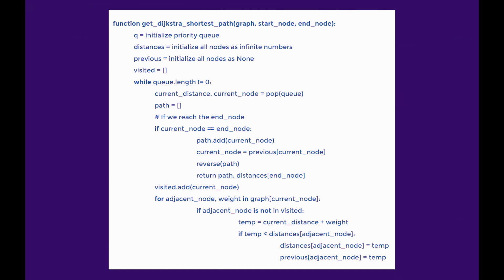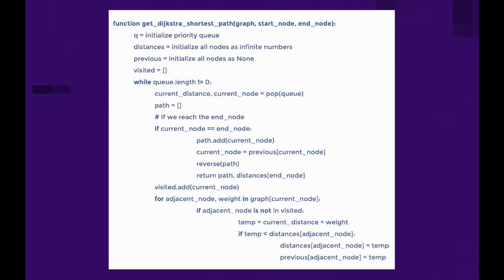If it is, then we're gonna add this current node to our path, and then we're gonna change the current node to the previous current node. And after that, we're going to reverse the list because it's gonna give us the inverse order.